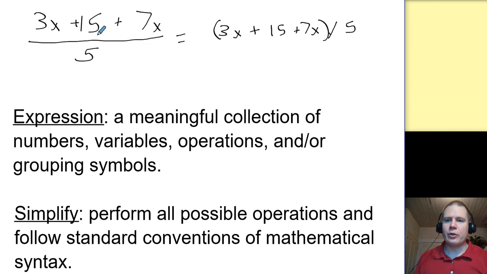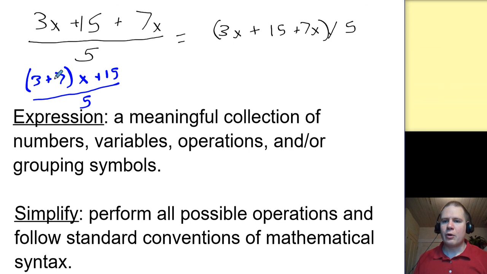I can use the associative property, associate this term with this term. I'm adding these two terms by factoring out the common factor of x, and then performing the addition.